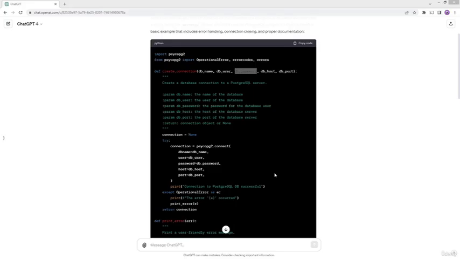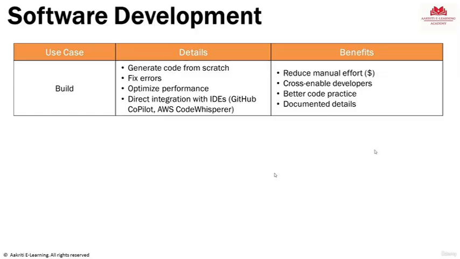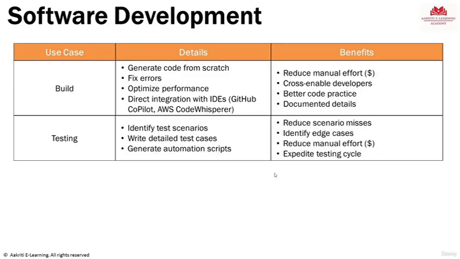All right, let's get back to the next use case, and this time we will talk about testing. So testing, guys, is one activity that is very important for software development. You need thorough testing to have good, quality applications. But at the same time, it is also true that this is one activity where there is always time pressure, right?